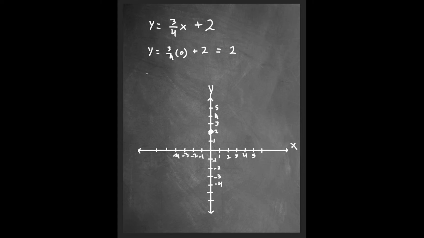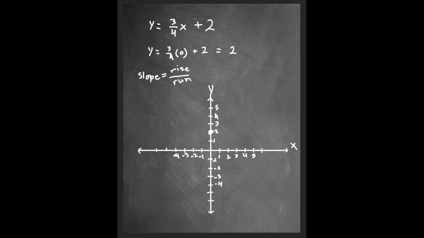Slope is defined as rise over run. Slope equals the rise over run. That means that the numerator tells us how far we go up, and the denominator tells us how far we go horizontally. So we go from this point, we go up 3. 1, 2, 3.